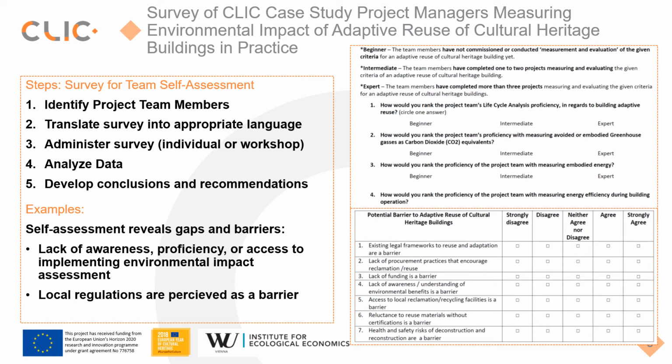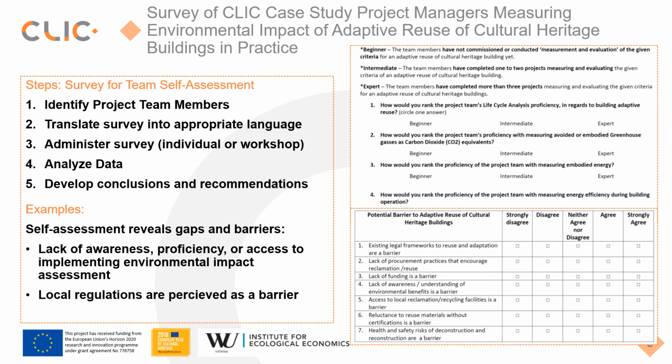On the right side of this slide, you can see that the tool is really very simple. It gives really straightforward definitions of beginner, intermediate, or expert for how you would rank your own team's proficiency in, for example, measuring energy efficiency or embodied energy or carbon impact, let's say.